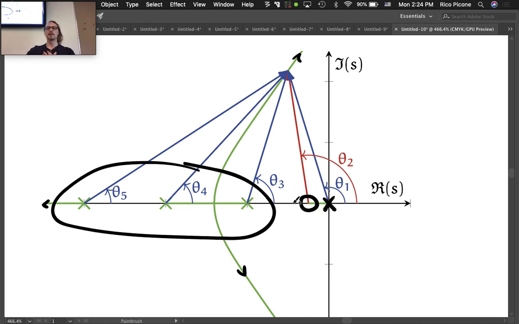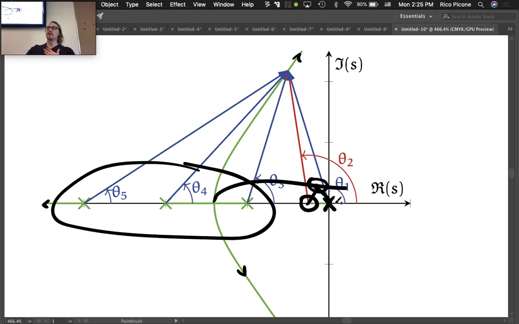So if you think about the root locus, if it went like this, then the two angles are going to be much different than each other in this region, right? For a test point in this region, this angle and this angle, one is 60 degrees, the other one is 120 degrees or something.